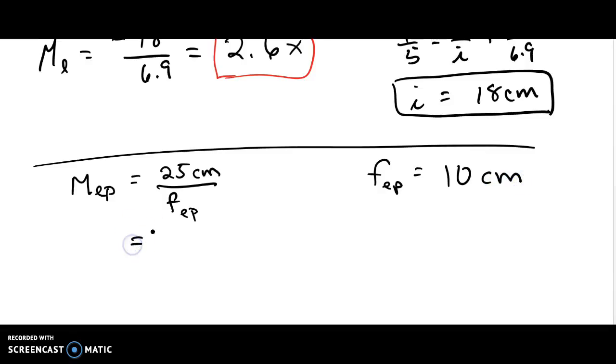So you would have to either determine that or it would be given to you, the focal length of the eyepiece lens. So 25 centimeters divided by 10 centimeters equals 2.5. So my eyepiece lens magnifies 2.5 times.